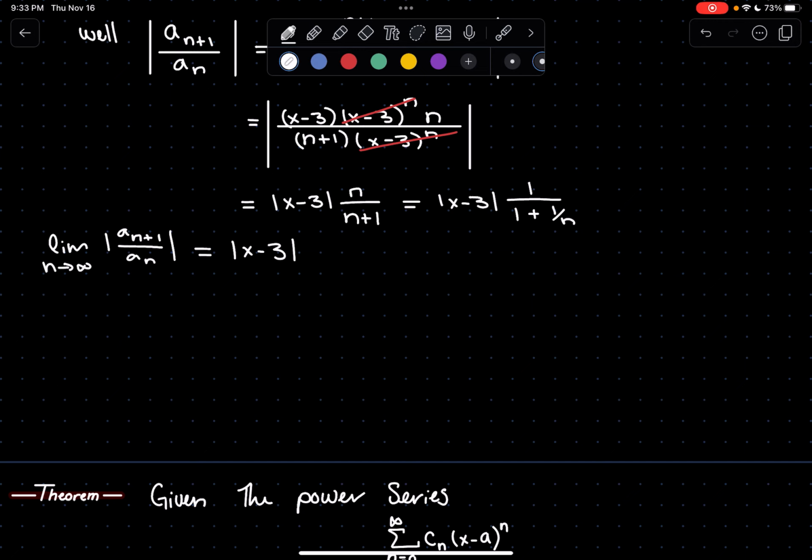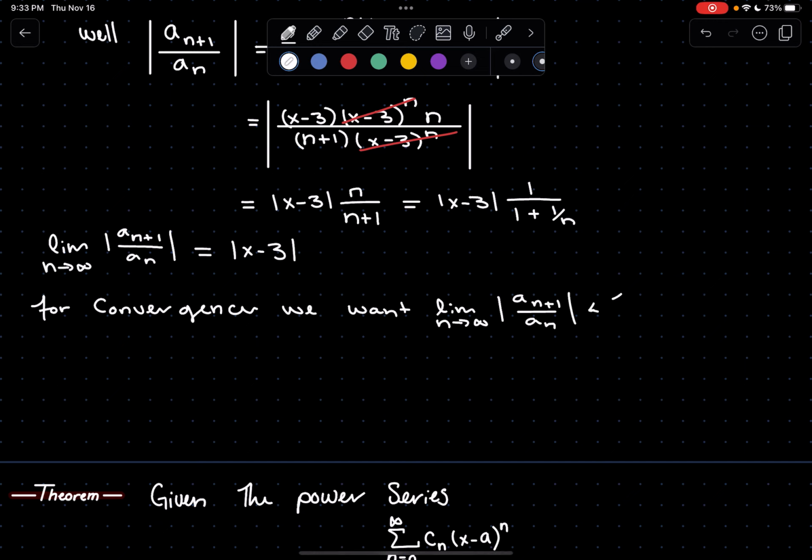And for convergence, we want the limit as n goes to infinity of a n plus 1 over a n to be less than 1, right? That's our condition for convergence. So that means that we need the absolute value of x minus 3 less than 1, right? That will ensure that our sum converges for all the x values that satisfy that.